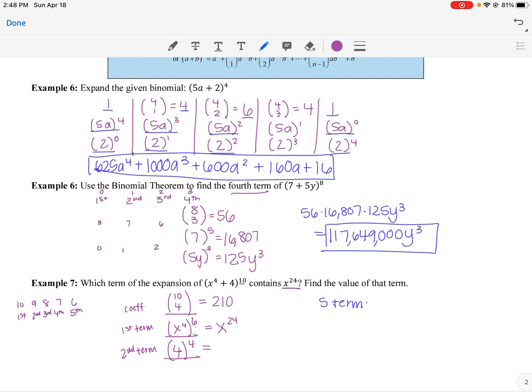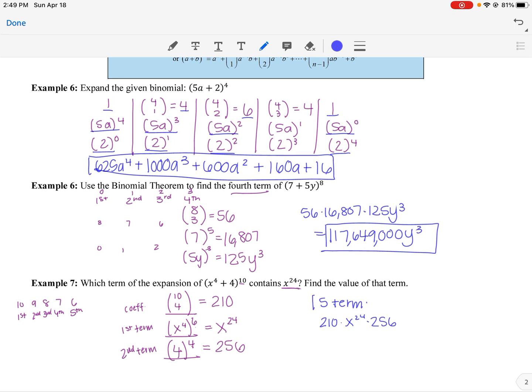And then this one, when you do 4 to the 4th, we get 256. So then for that term, we're going to multiply all these things together. We're going to do 210 times x to the 24th times 256.